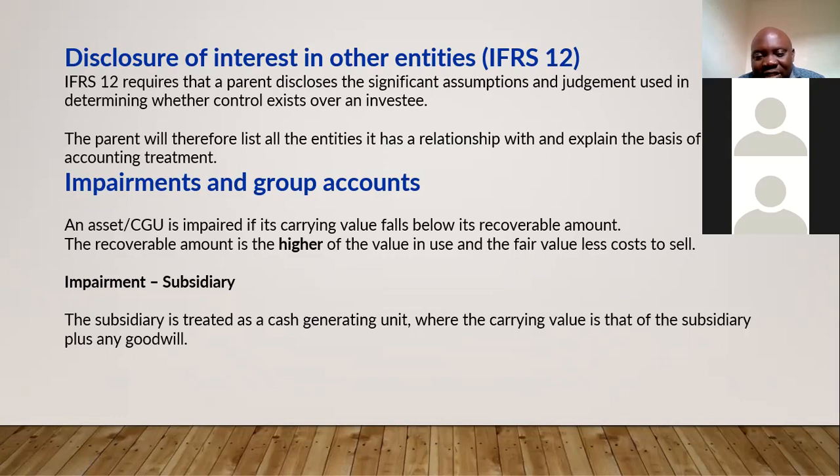So they have to bring in their judgments and all assumptions and make us know whether they have control in a particular investment. So the parent will list all the entities it has a relationship with and explain the basis of the accounting treatment. They will list which are joint ventures, which are associates, and which are subsidiaries.